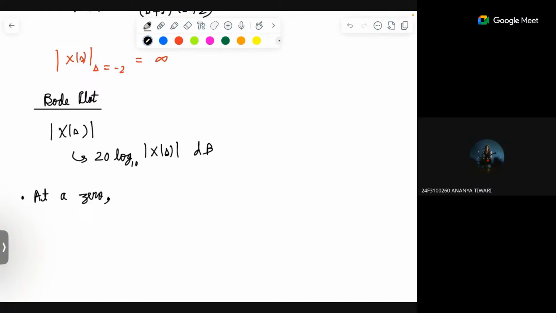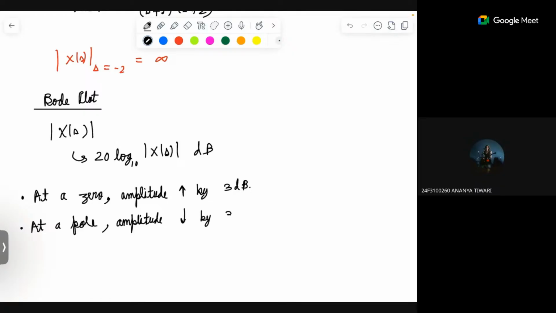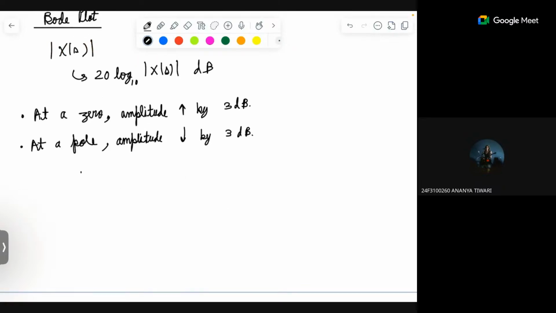So when we're talking about Bode plot, at a zero, amplitude increases by 3 dB, and at a pole, it is decreasing by the same amount. So I will just draw a figure and show you.